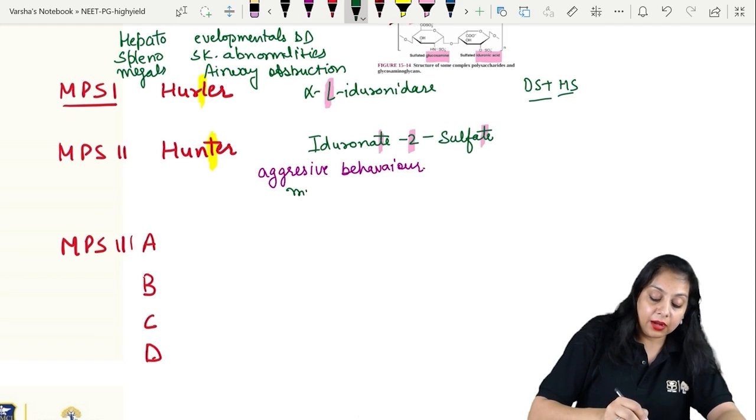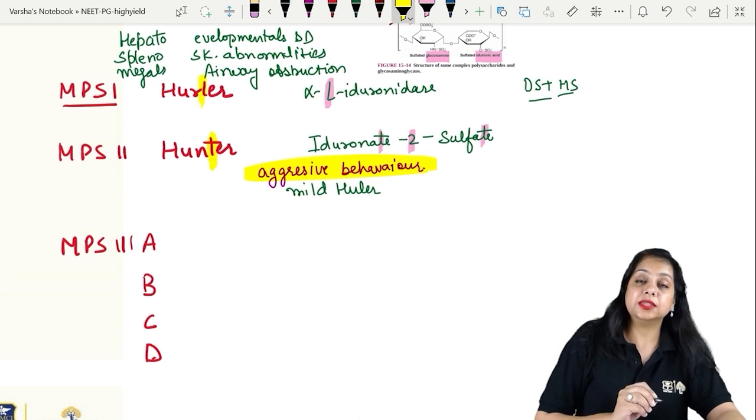Hunter is mild Hurler, but the patient will have aggressive behavior.